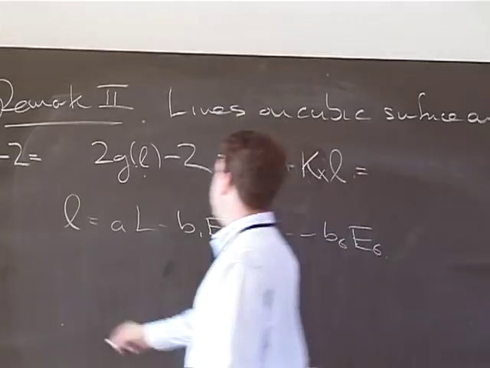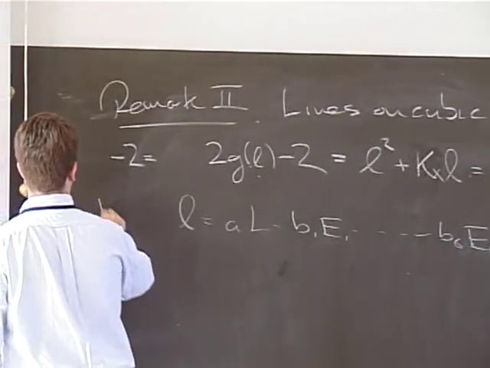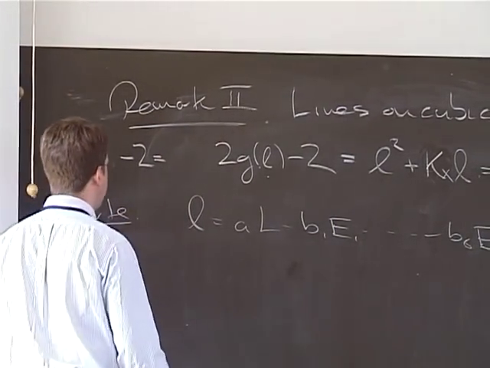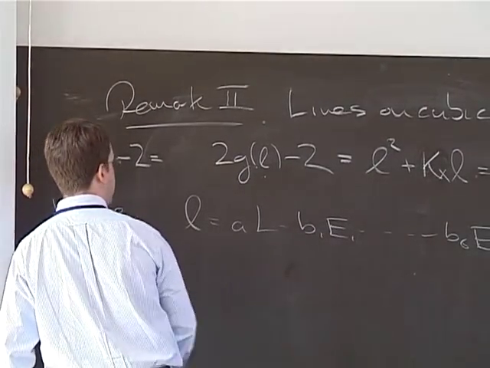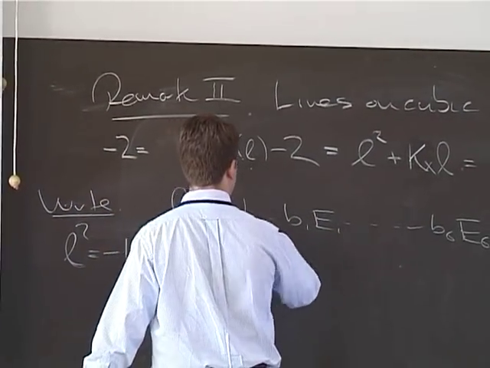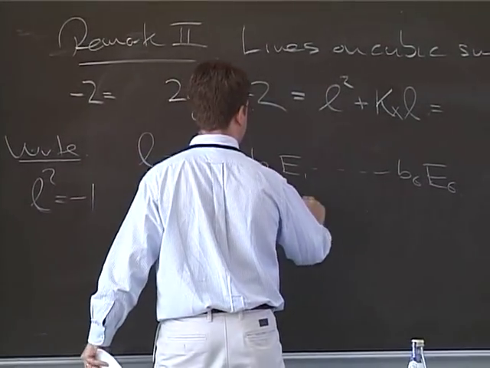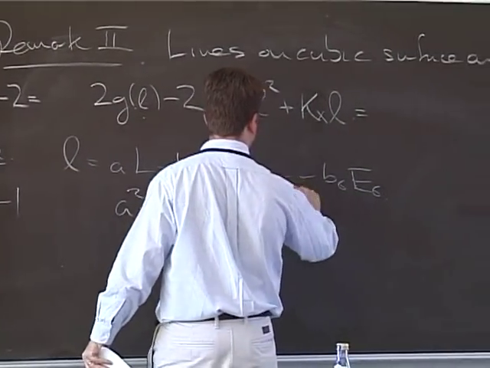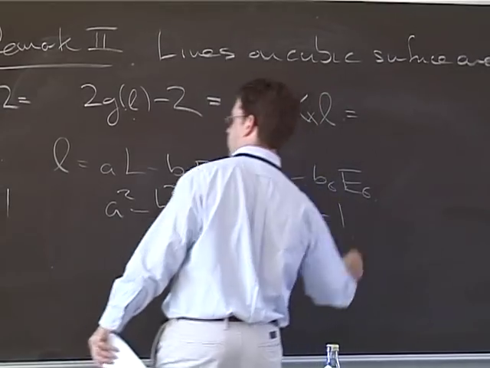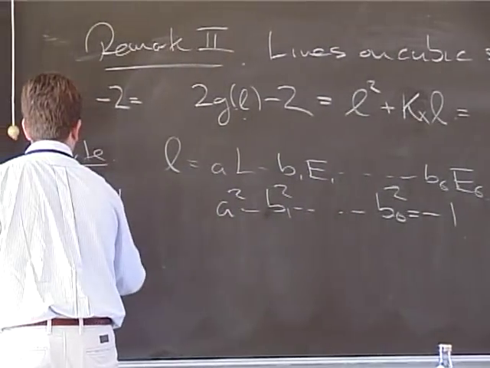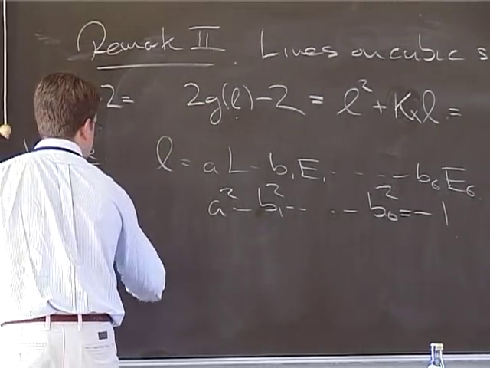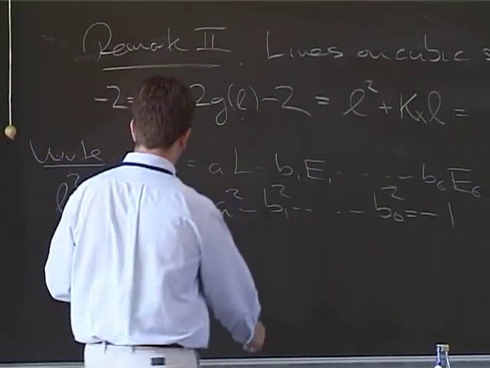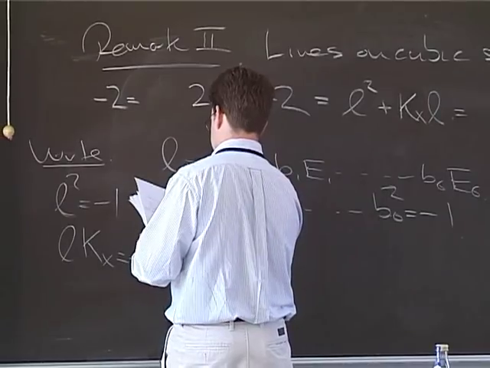So if we write L in this form, the condition L squared equals minus 1 translates into a Diophantine condition. And the condition that L dot K of X equals minus 1 translates into another Diophantine condition.